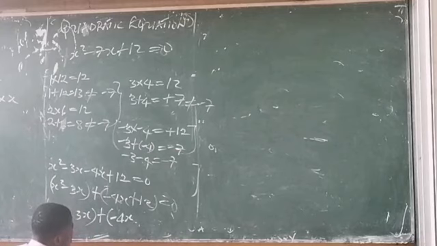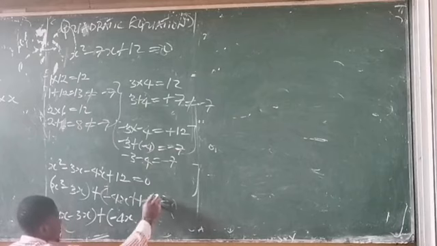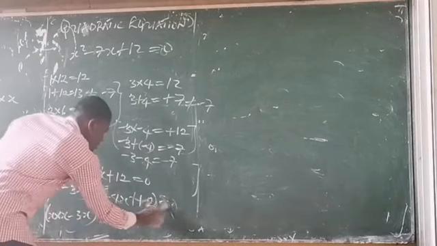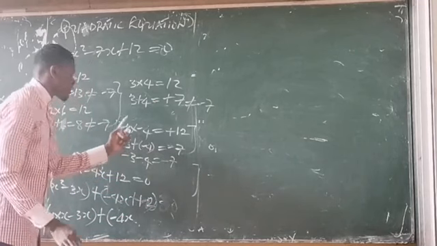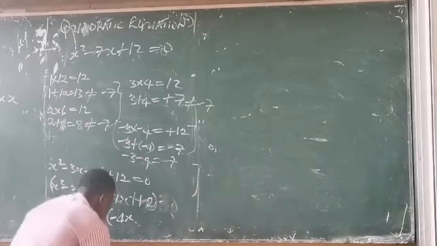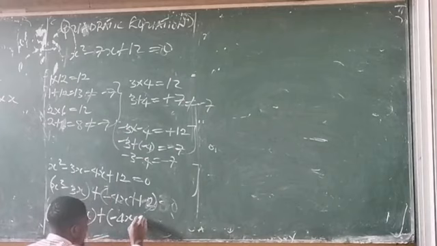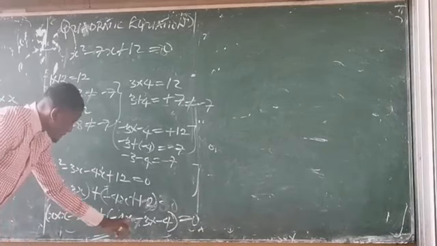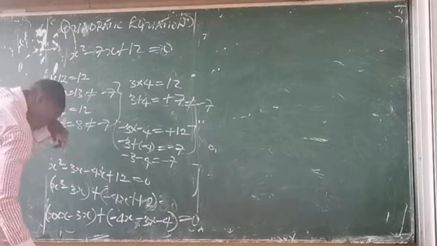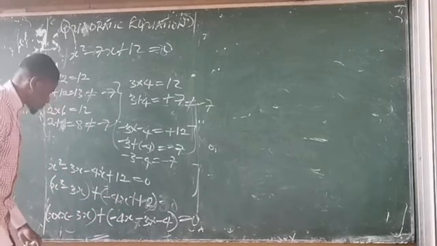Now take note, plus 12 was obtained as minus 3 times minus 4. So we can now write minus 3 times minus 4, close our bracket, equal to 0, in place of plus 12, because minus 3 times minus 4 will give us plus 12.